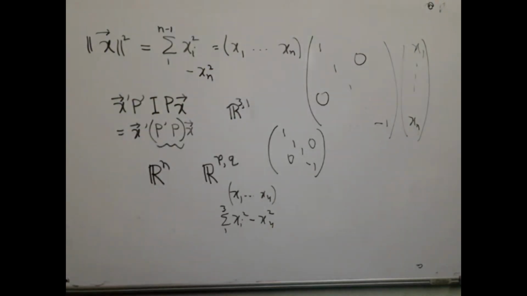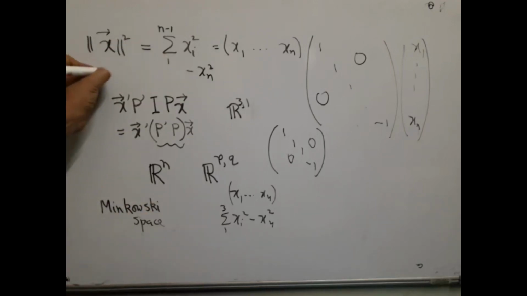Now this particular space is of great importance because it is also called the Minkowski space. Minkowski is the name of Albert Einstein's professor. And when we say that we are working with space-time and time is a fourth dimension, we really are not working in R4.